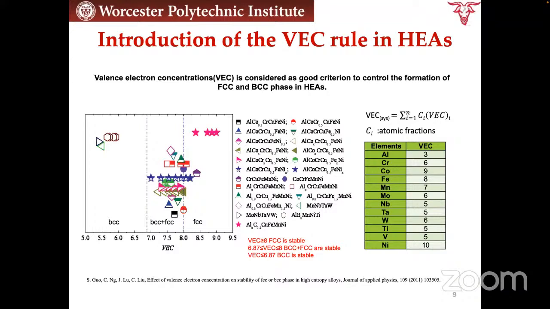Then we can add them together for the high entropy alloy, and people have discovered this VEC rule. So BCC will be stable in a low VEC region. FCC will be stable in a high VEC region, and the BCC and the FCC will coexist with each other, right?